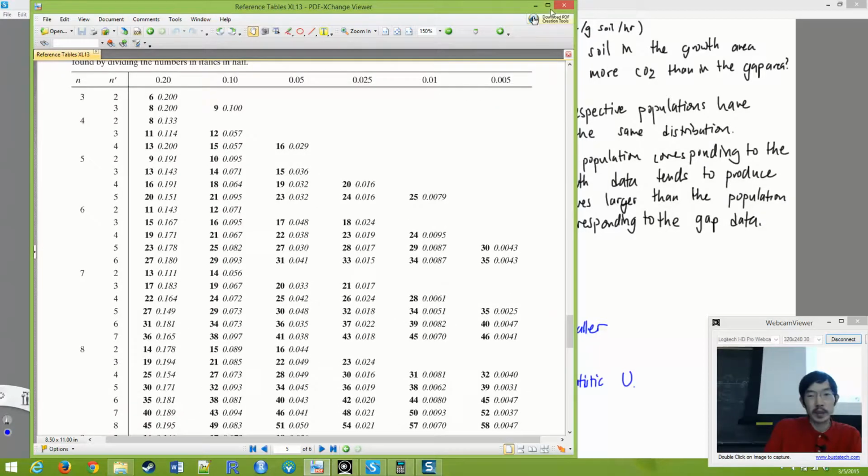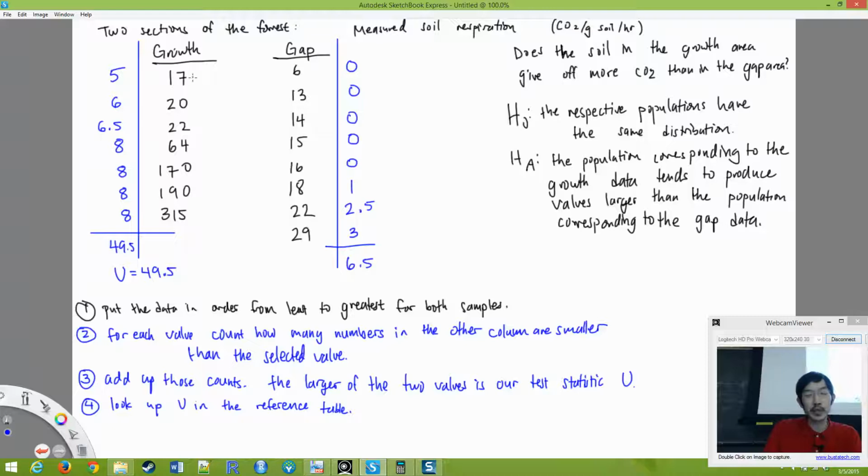Okay? N and n prime correspond to the counts of our sample sizes. Okay? So the sample size of the growth data is n is equal to 1, 2, 3, 4, 5, 6, 7. And for the gap data, n is equal to 8. I've got 8 numbers in the gap data. Okay?